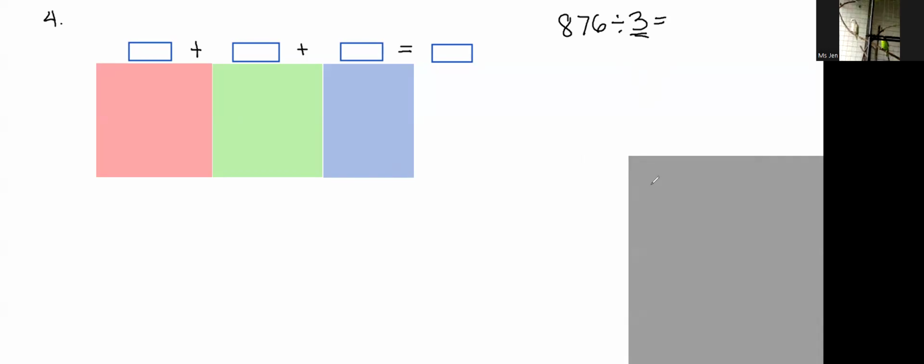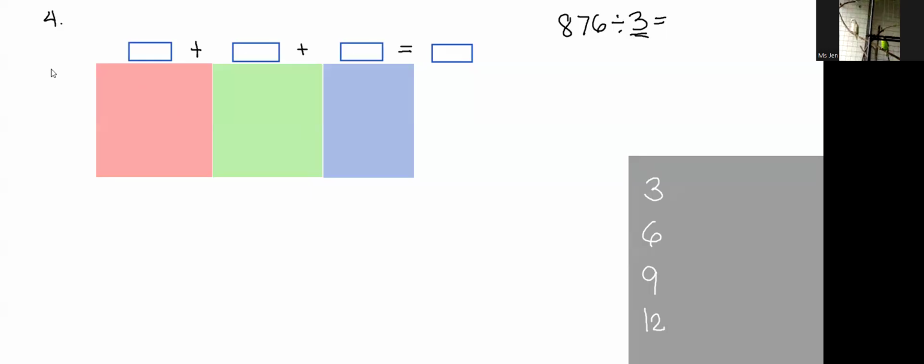Okay. If we skip count by 3, it'll be 3, 6, 9, 12. We don't really need to go over that. Now, if you notice, the number here is 876. So instead of just skip counting by 3, you should skip count by 100.